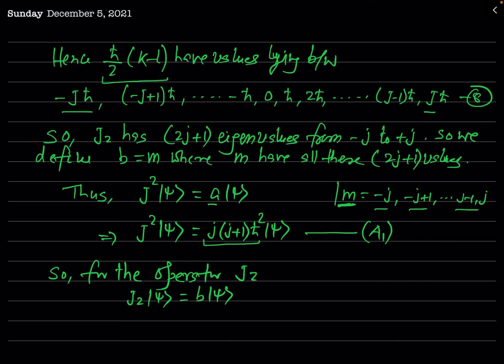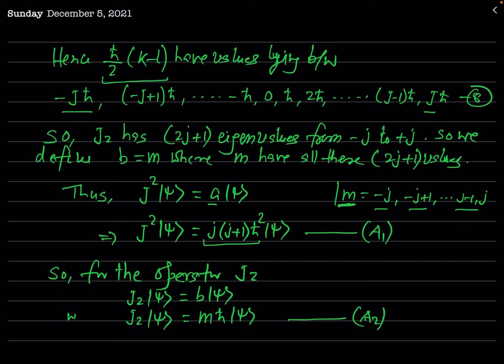But you have seen that this b is equal to h bar by 2 times k minus l, and the values of this are in fact m h bar, where m ranges from minus j to plus j. Total values are 2j plus 1. So you can write Jz operated on ket psi is equal to m h bar ket psi. This is actually the eigenvalue equation of the operator Jz.